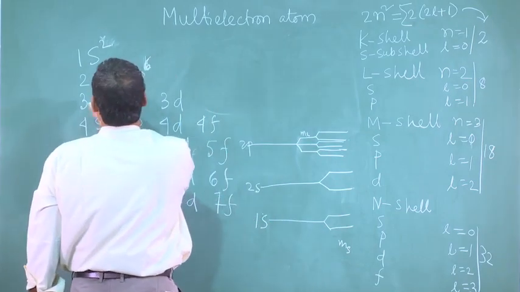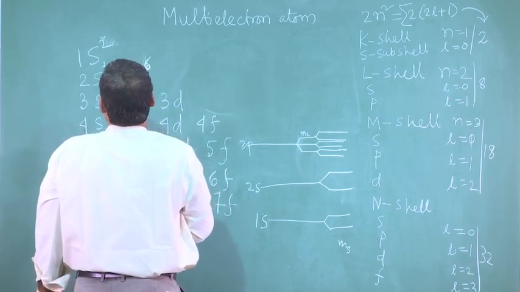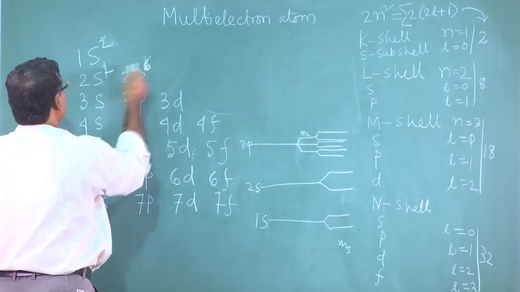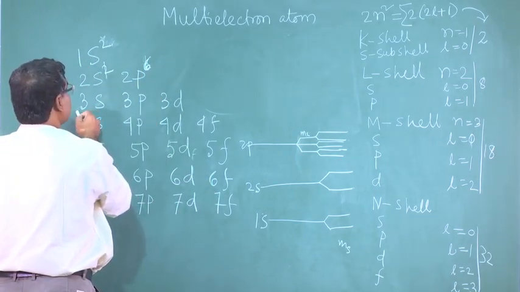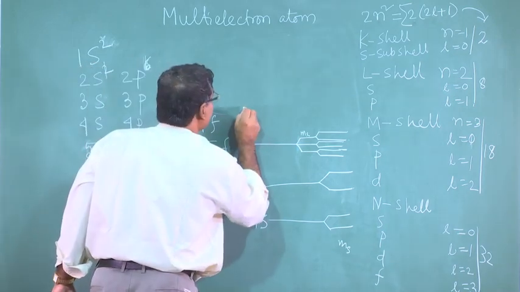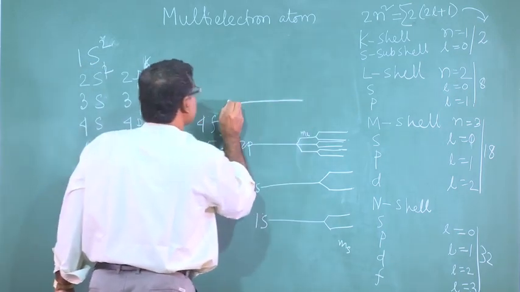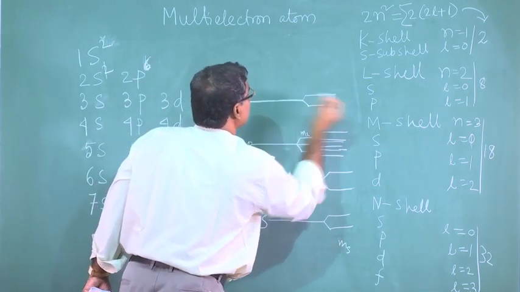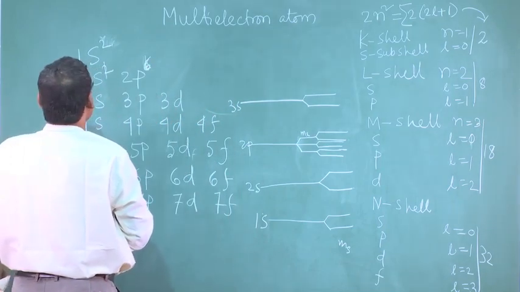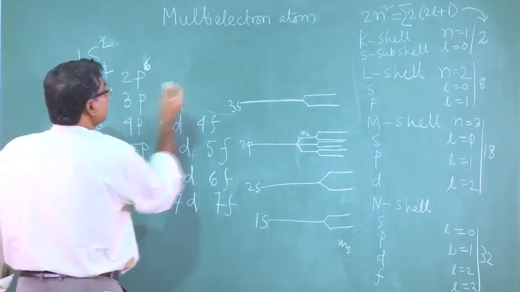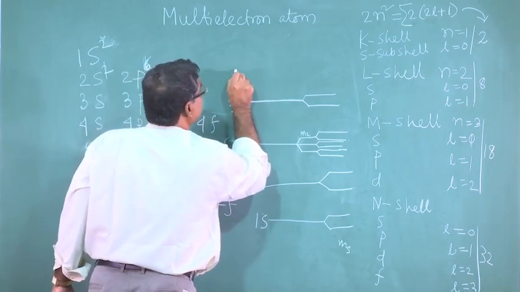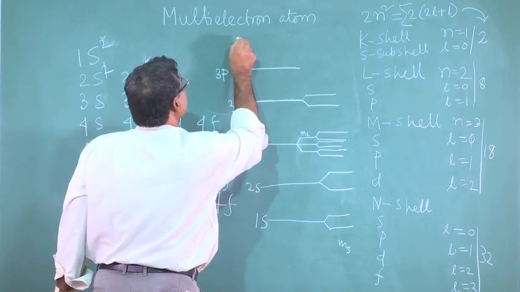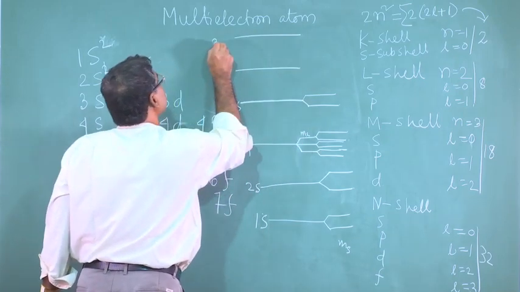Then I will come to 3s. 3s has basically 2, and then I will come to 3p, and then I will come to 3d.